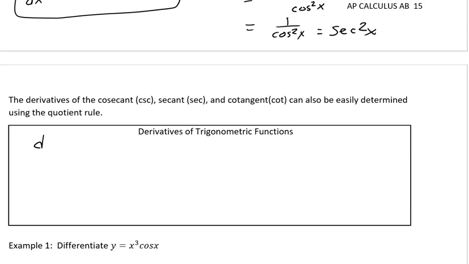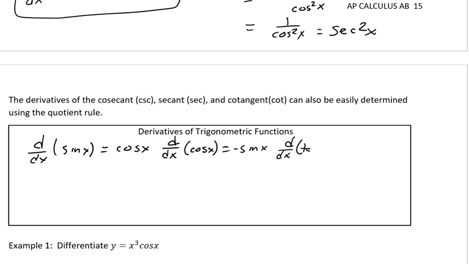So let's look at the derivatives. The derivative of the sine is the cosine. The derivative of the cosine is the negative sine. And the derivative of the tangent we just discovered is secant squared. The derivative of the secant is the secant tangent.